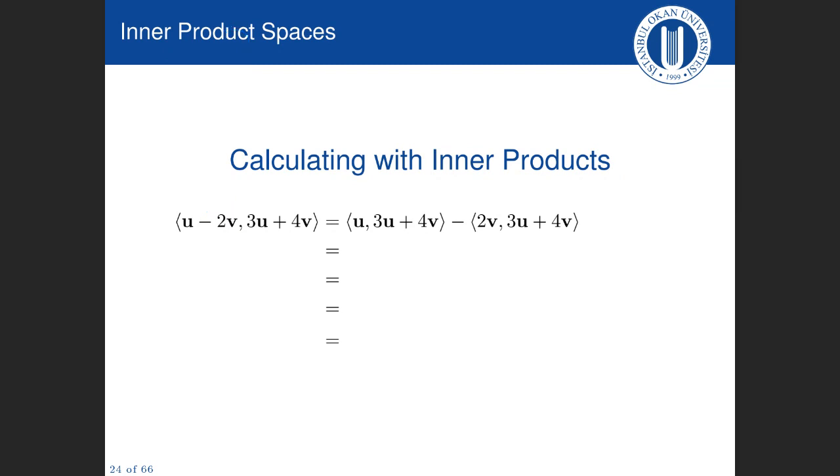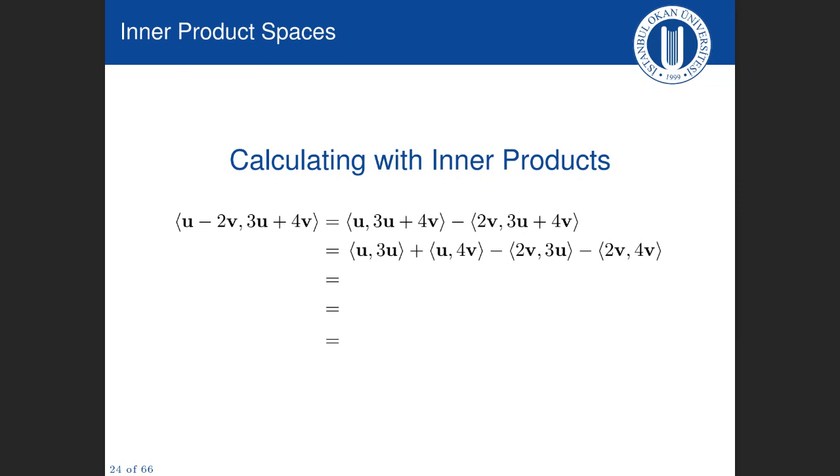But now I have a plus in the second position in each one of these. I can cut the inner product when I see a plus. So I'm going to cut each one of these into 2 and we'll end up with 4 terms. The inner product of u and 3u plus the inner product of u and 4v minus the inner product of 2v and 3u.